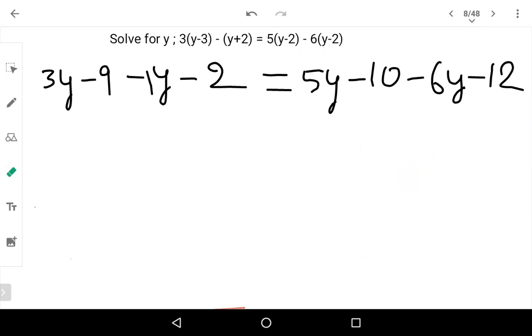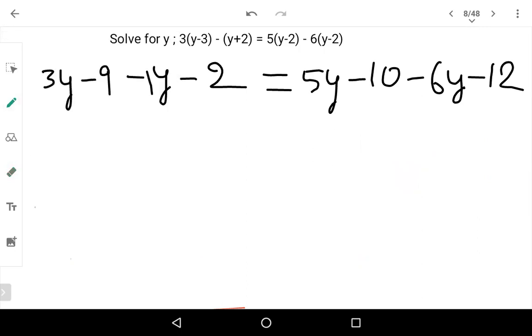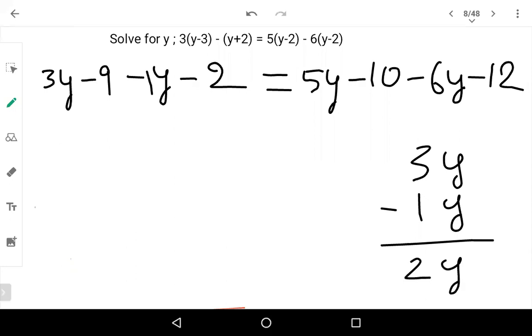Now after this, the next step is 3y and 1y. Let us group the like variables to one place. Which are the like variables here? You have y. So 3y minus 1y is 2y, correct?